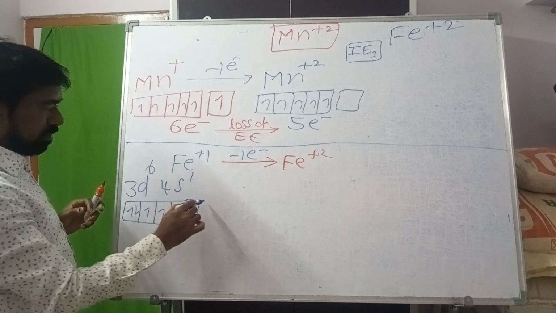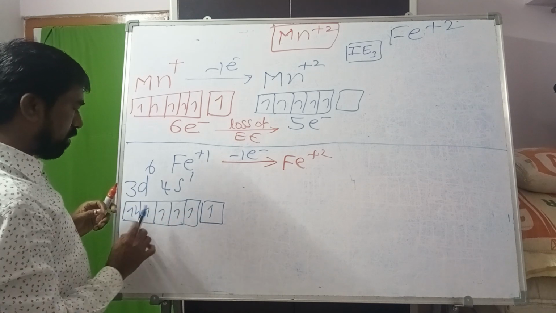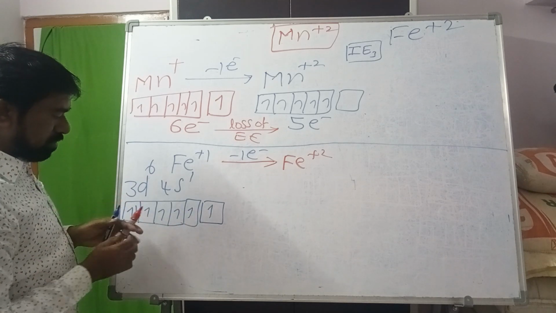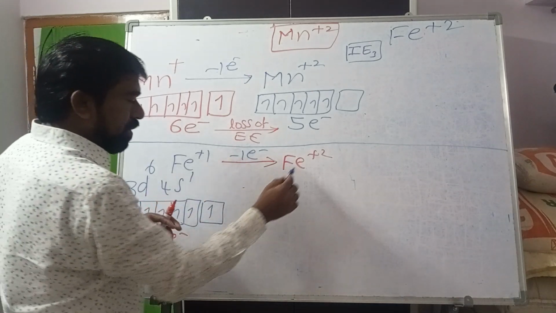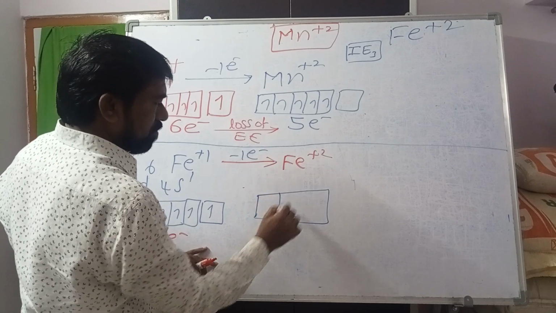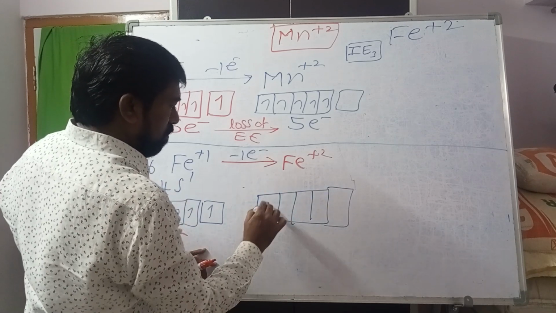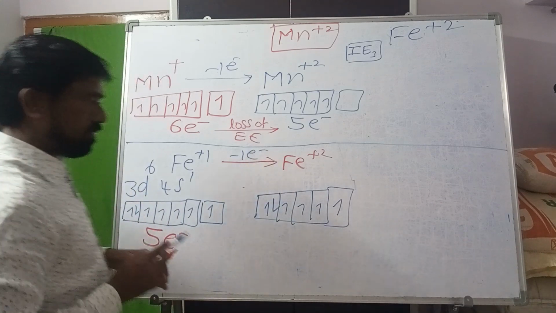And 4s orbital 1. 1, 2, 3, 4, 5 electrons with parallel spin. And after removal of the electron, Fe plus 2 means 3d6: 1, 2, 3, 4, 5 and 6.